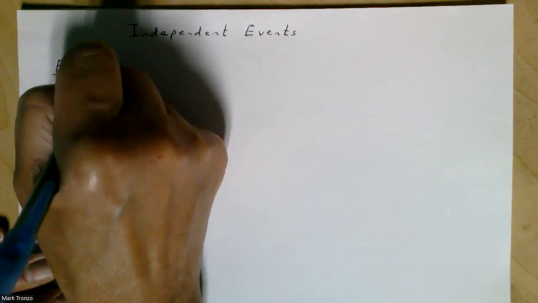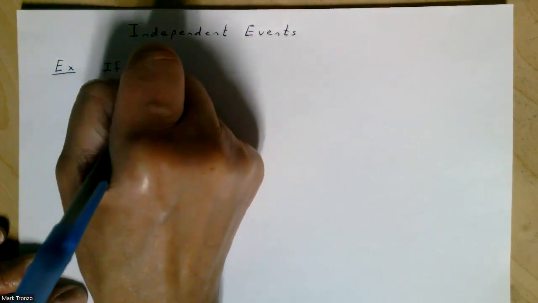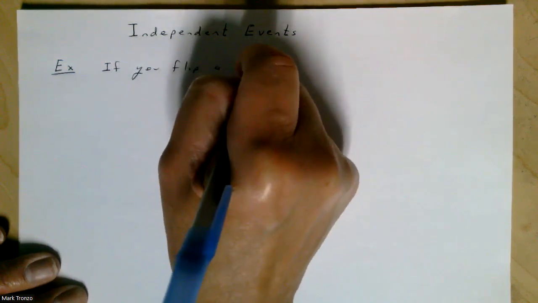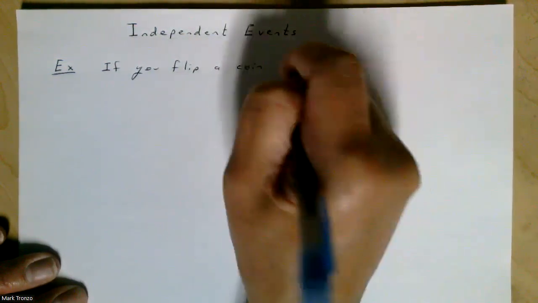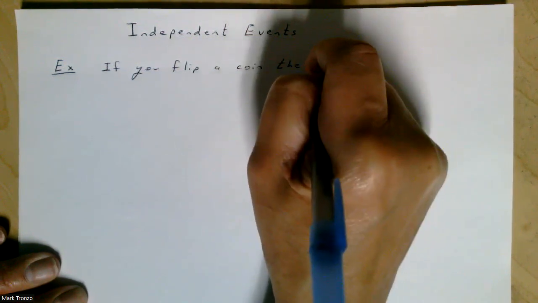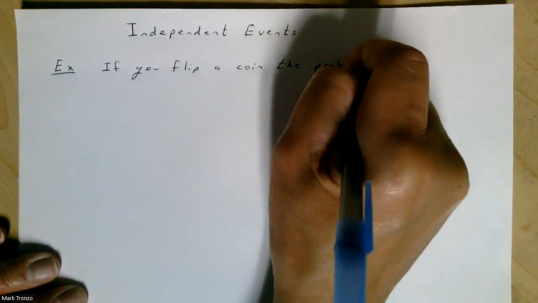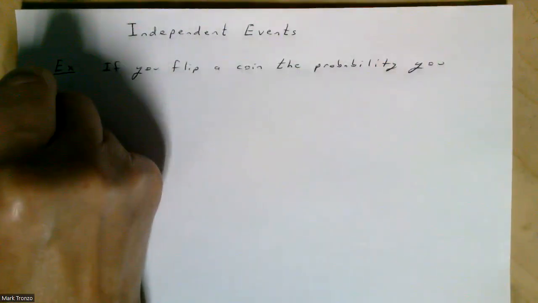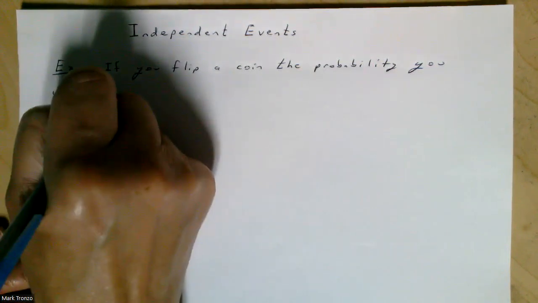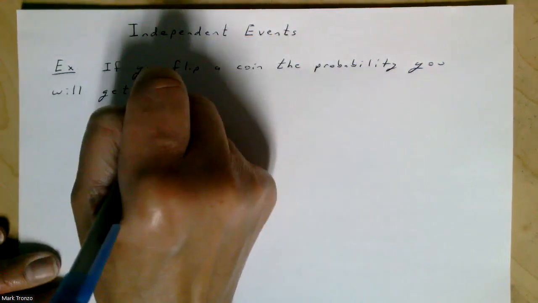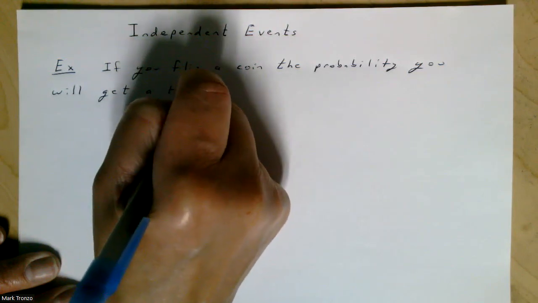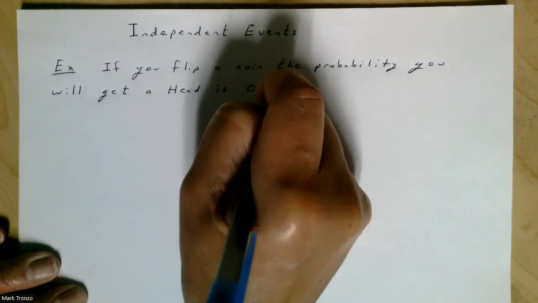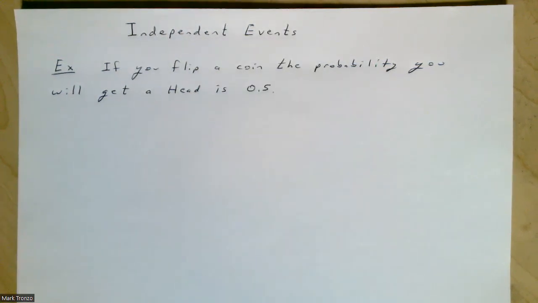if you flip a coin, the probability you will get a head is 0.5, assuming the coin is a fair coin.